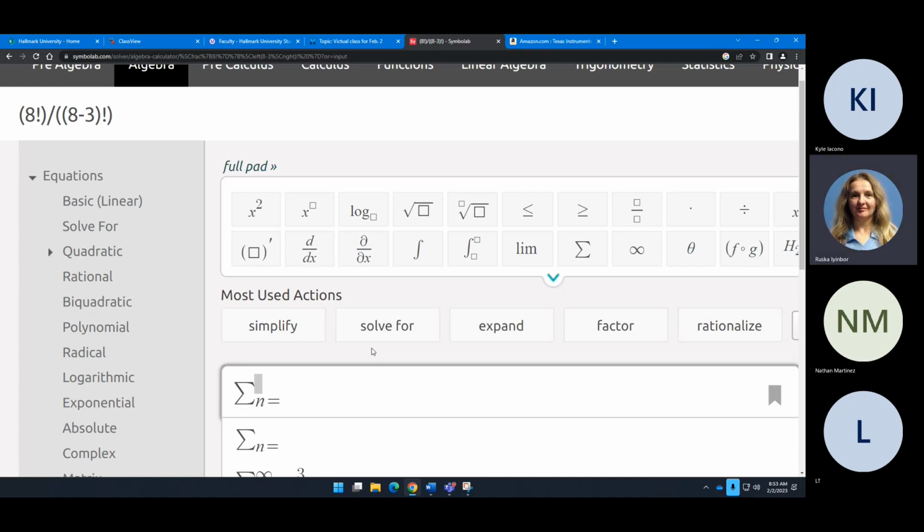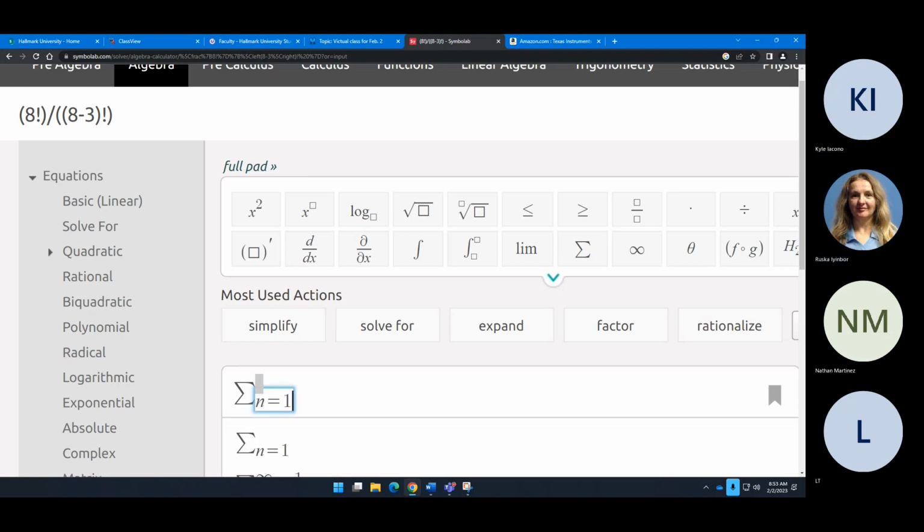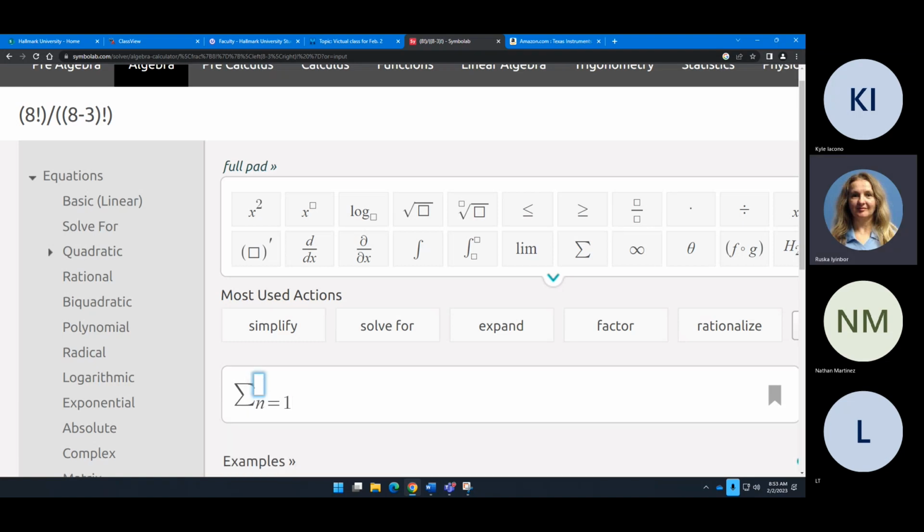Now, what you need to enter in this sigma, because sigma is the Greek letter which means find the sum. In the bottom, you're going to put n equals 1. And in the top, you're going to put 5 because you're adding the numbers from 1 to 5, right?